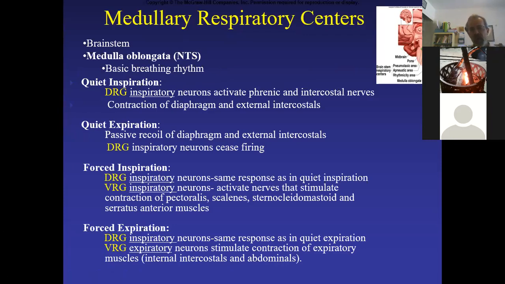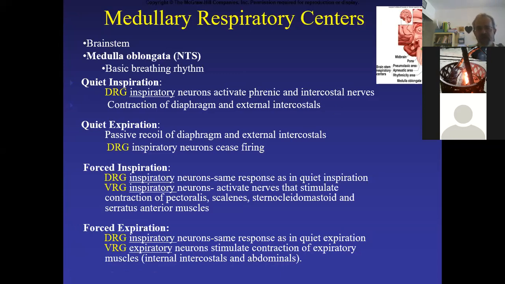There's two main parts of the medulla that are responsible for breathing. What we call the DRG, which stands for the dorsal respiratory group. The dorsal respiratory group contains inspiratory neurons that activate two other neurons known as the phrenic and the intercostal nerves.